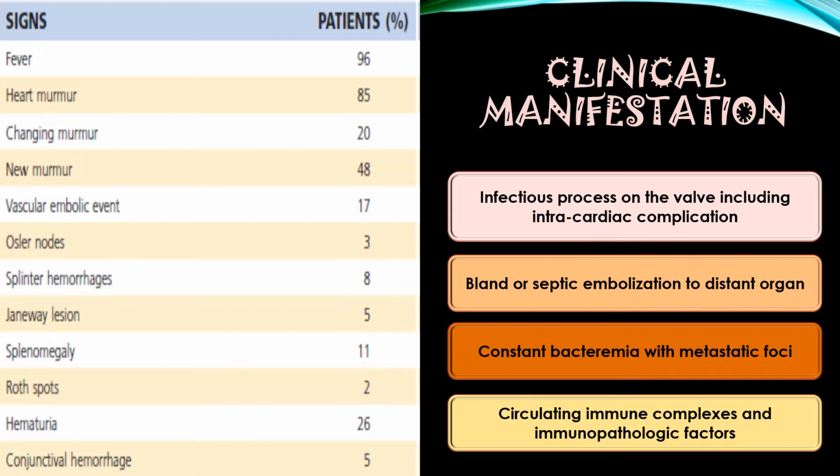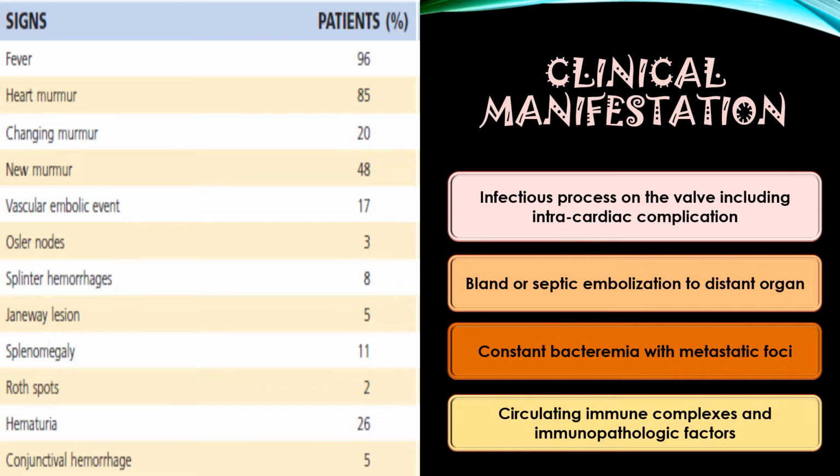When the patient has no known pre-existing heart disease, the murmur you hear is considered a new murmur. But some patients may have congenital heart disease with an existing murmur, and when infected with infective endocarditis, it is a changing murmur from the baseline. All of this can be called a symptom of endocarditis.